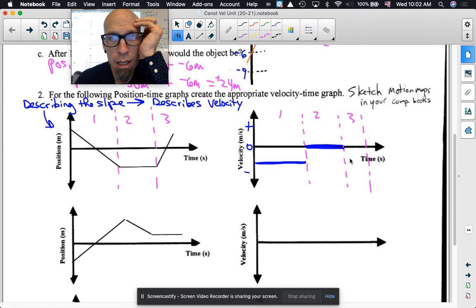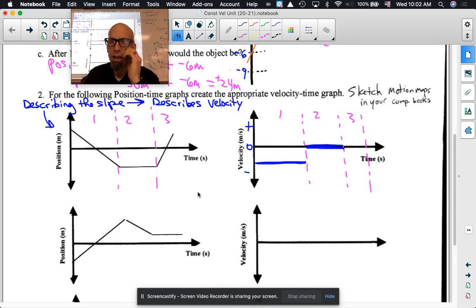So where do I put my line here? Well, because it's positive, it's got to go above, right? It's got to go above the zero because it's positive. Notice how short this section is, because look how short that section is. I'll talk about that in a second. So I hope you see that it has to go up here somewhere. Now the question is, is that far enough up?